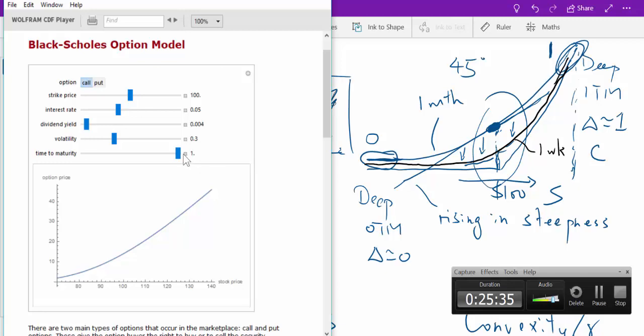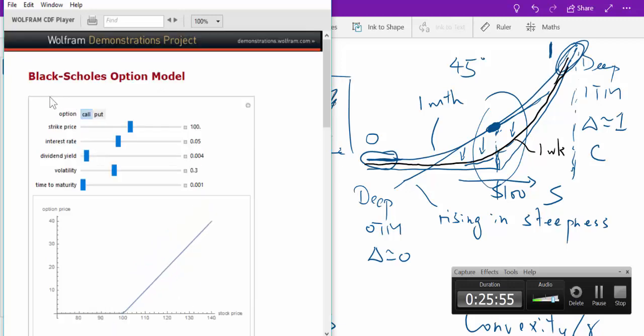But as you get closer to maturity, okay, it basically stays at 0 for much longer, and suddenly it just goes boom like that. Right? And when you take that to the extreme, let's say you are 1 hour before maturity, or something like that.